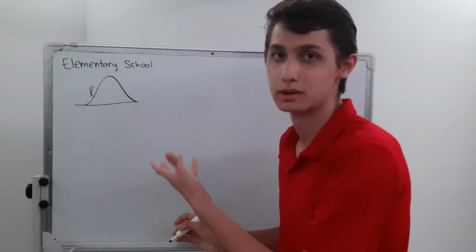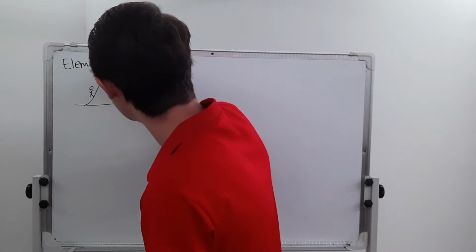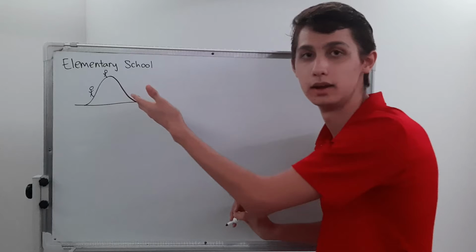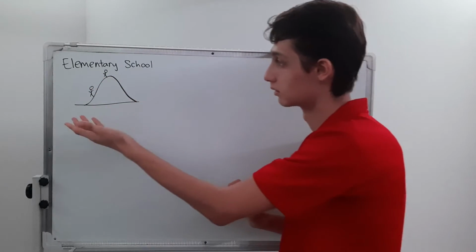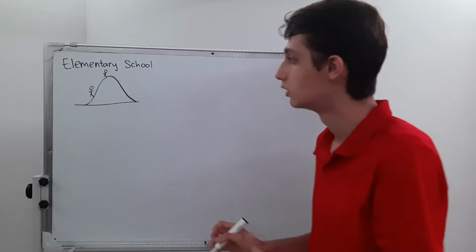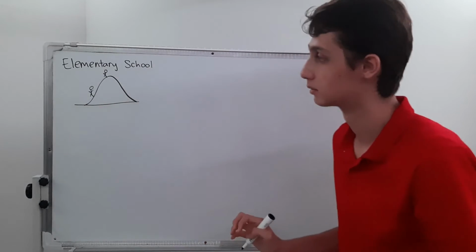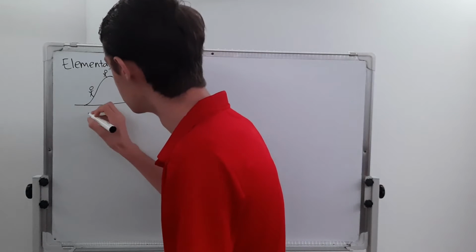So maybe they're going to be rock climbing or something. Meanwhile, somebody over here is going to have a much easier time climbing the mountain because they're pretty much super close to the top. They're almost walking on flat ground. So we can compare how steep the different parts of the mountain are, and that is what the derivative is.